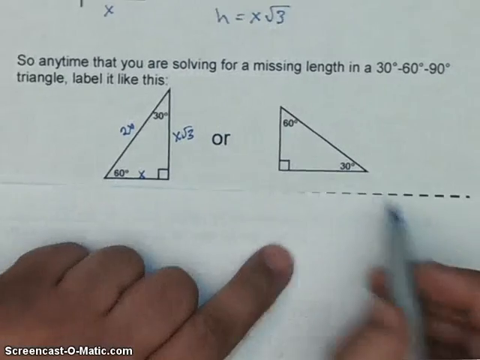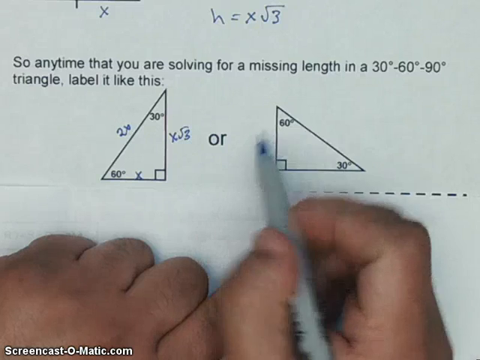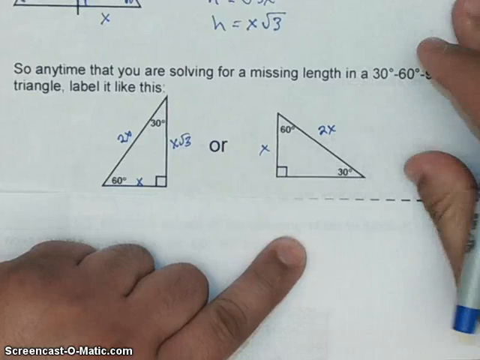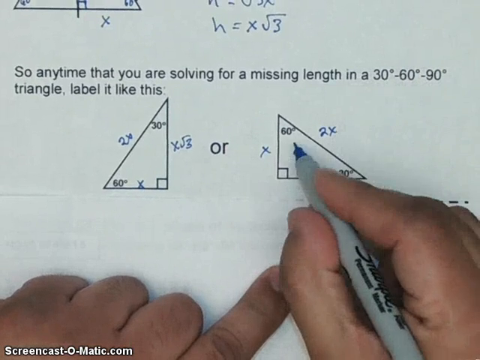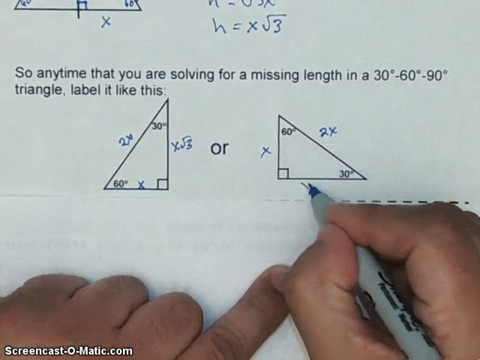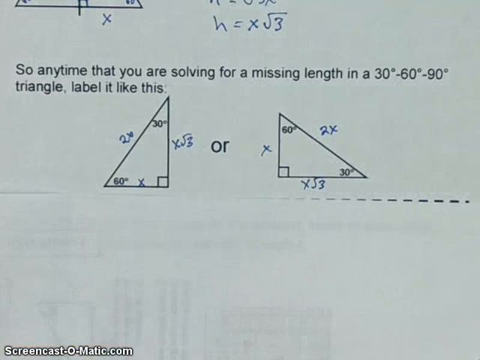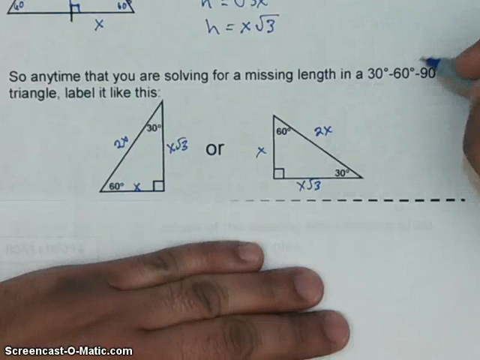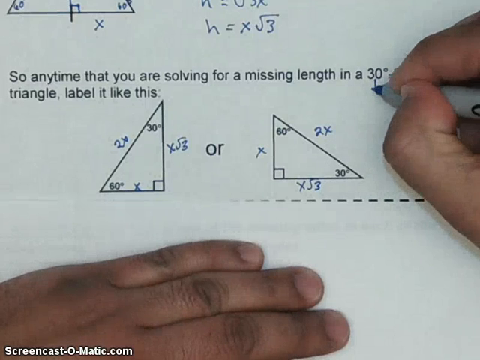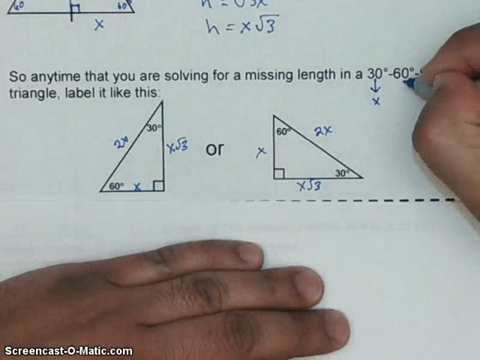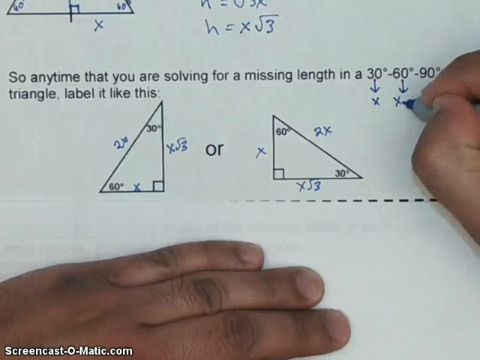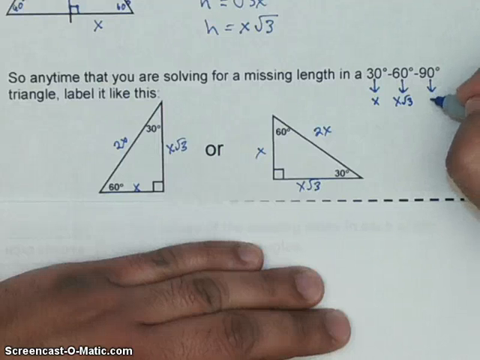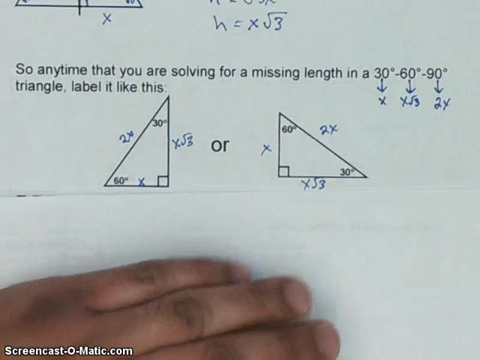If I rotate it, it doesn't matter, it stays the same. Across the 30 is my x, the hypotenuse is twice as big, and the longer leg is x square root of 3. Like before with the 45-45-90, the x is always across the 30 degrees, x square root of 3 is across the 60, and across the 90 is the 2x.